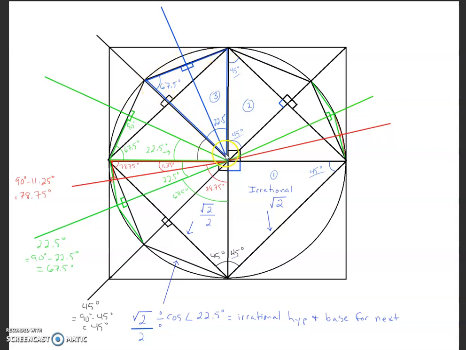And if we take this triangle and cut it in half, we can solve for these angles, because we know right here we have a 45. We cut this in half, this is 90 degrees, this is still even, so we have a 45 degree and a 45 degree.